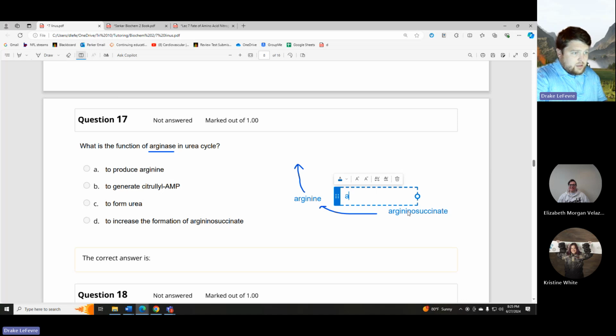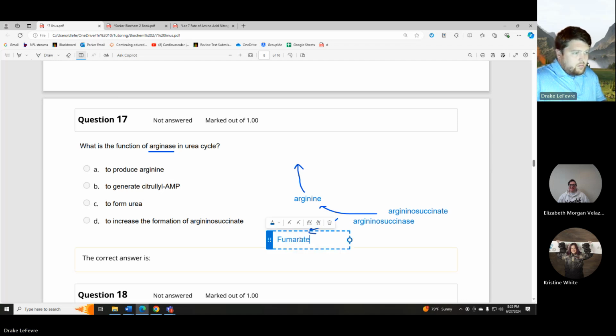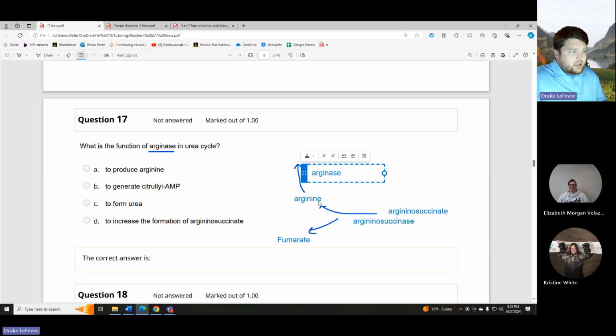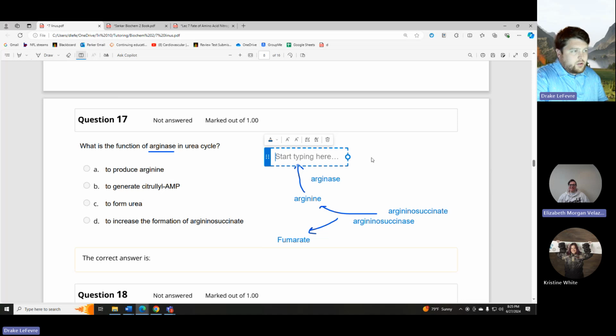That enzyme is argininosuccinase, right there. We have an extra fumarate popping out of there. Arginase acts on arginine, and then urea pops off right there.